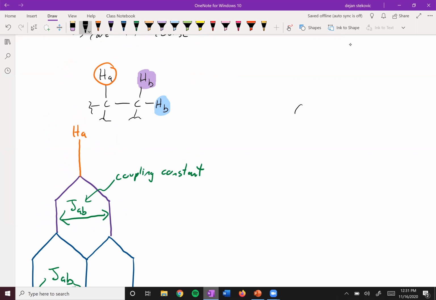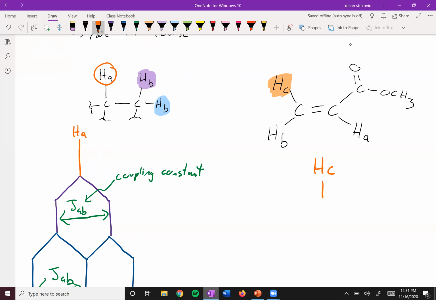So let's take a look at this compound, and specifically we're going to take a look at HC here. If it were by itself, it would just be a singlet, but it does have neighbors.